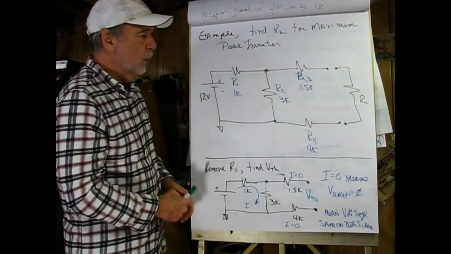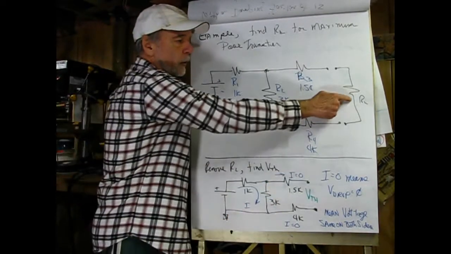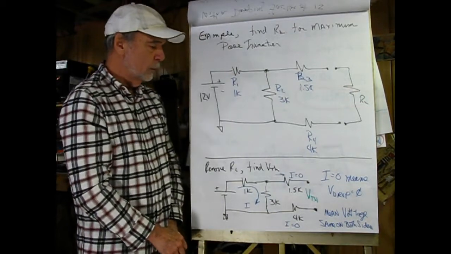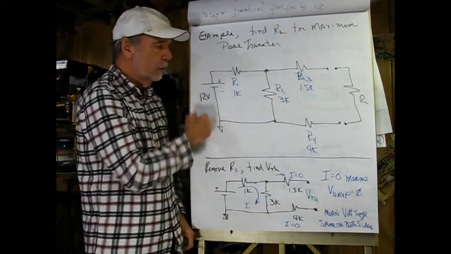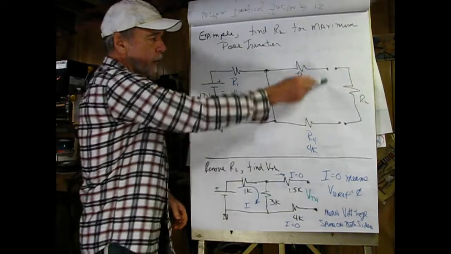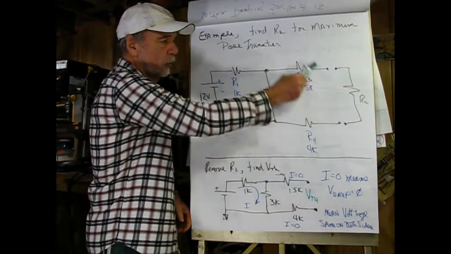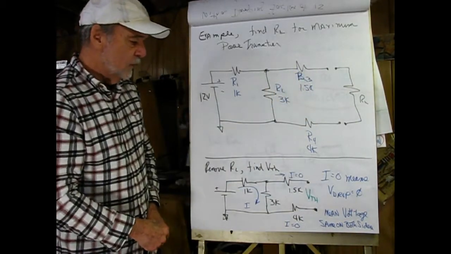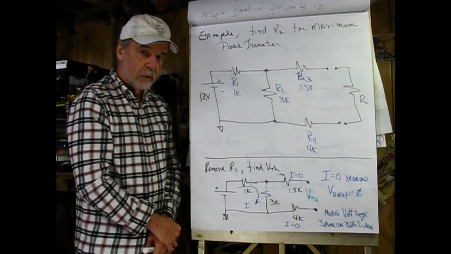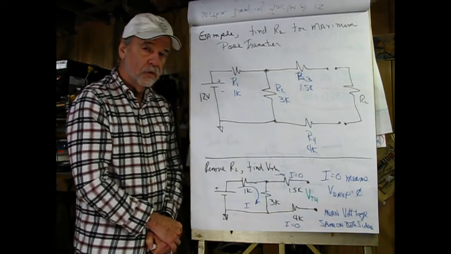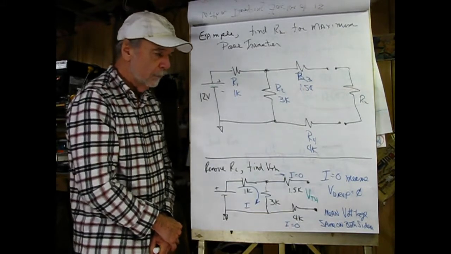Now suppose what we want to do is pick a value of load resistance here that's going to allow maximum power transfer, and this guy here would be the source. So the easiest way to do this is by Thevenin equivalent circuit, although you could use series-parallel analysis.